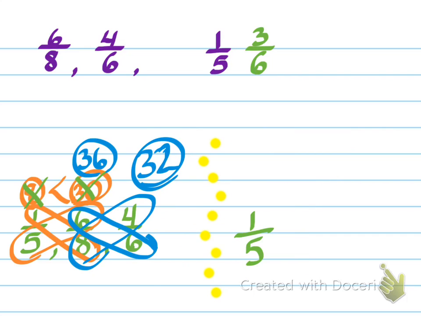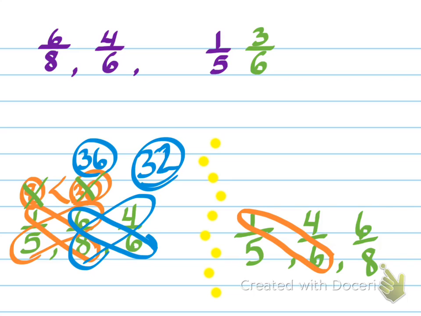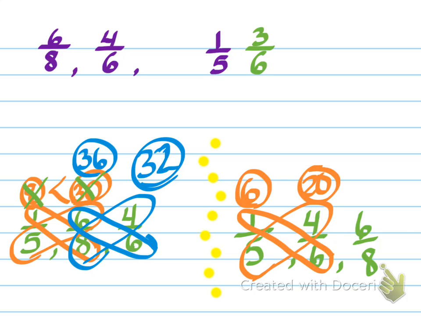So we're going to leave 1/5 where it is, but we are going to put 4/6 in the middle, and then 6/8 over to the right. And we are going to still be cross multiplying. So this time we're going to say 6 times 1 is 6, and 5 times 4 is 20. Yay, look at that, we're on the right track.